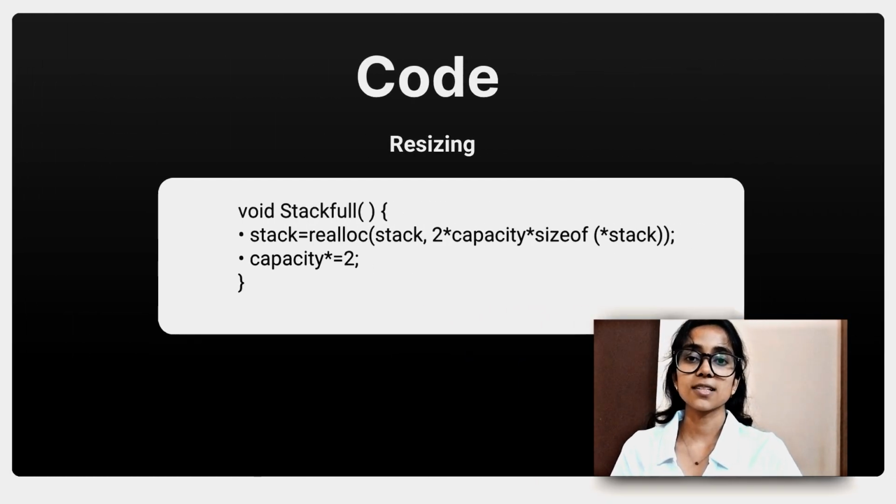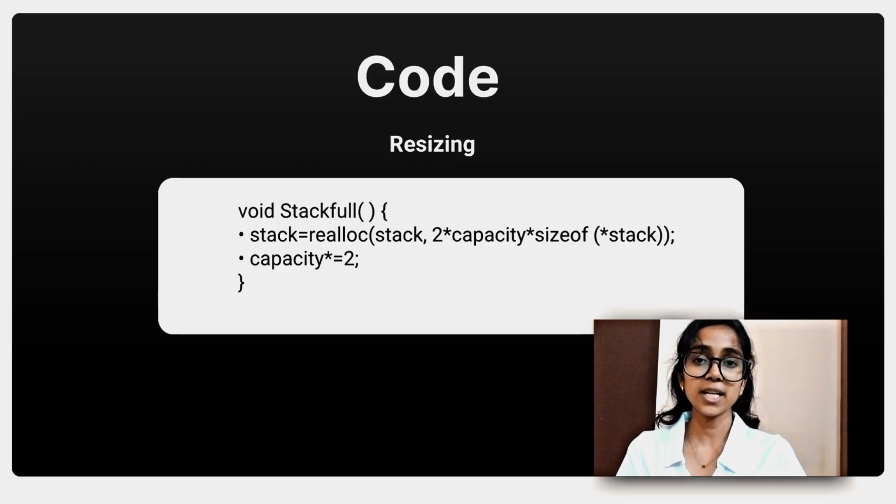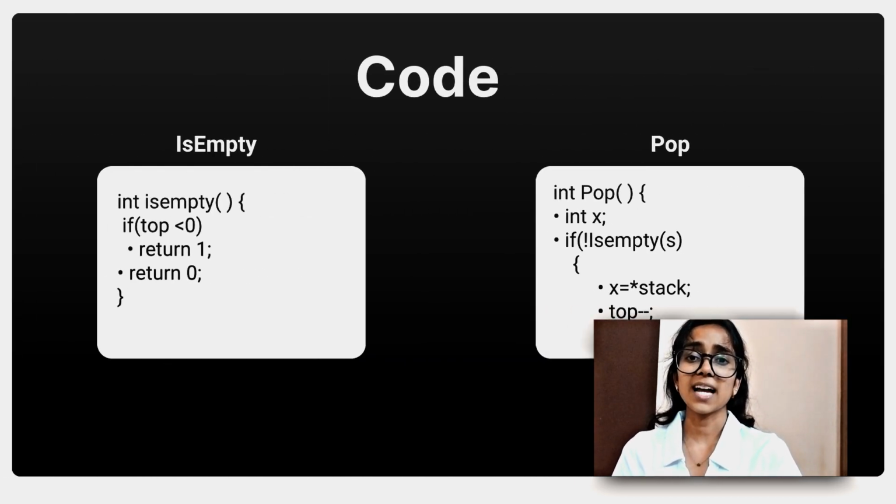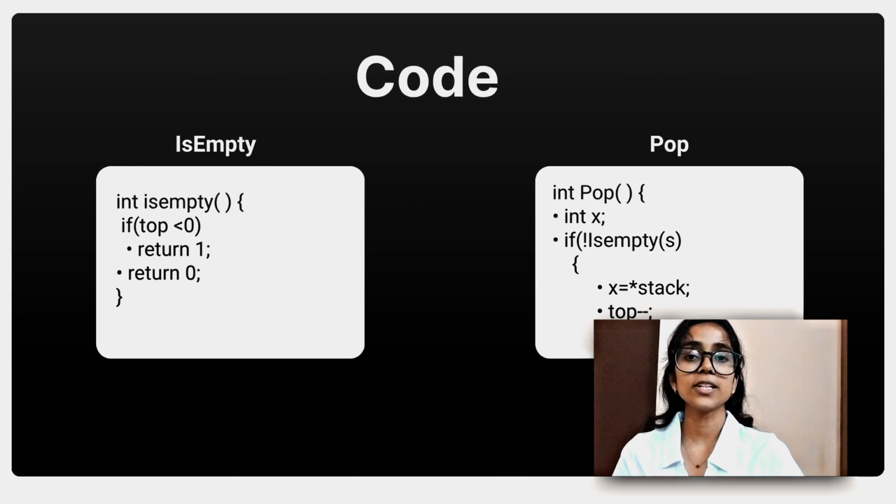To resize a stack, we use the dynamic memory allocation keyword realloc, which will reallocate space in the memory depending upon the size which we have provided. The memory allocated can be at the same place or a different place depending upon the size which we have requested. To check if the stack is empty, we see if the top is less than 0 or equal to -1.